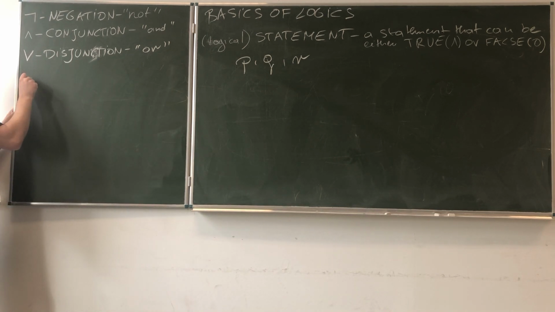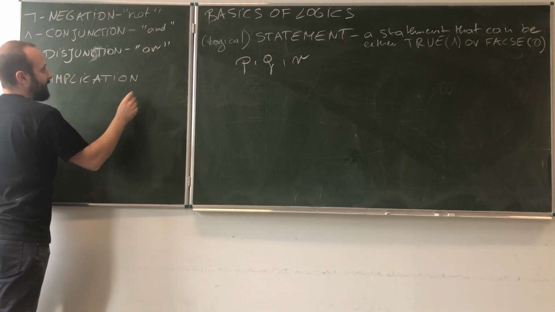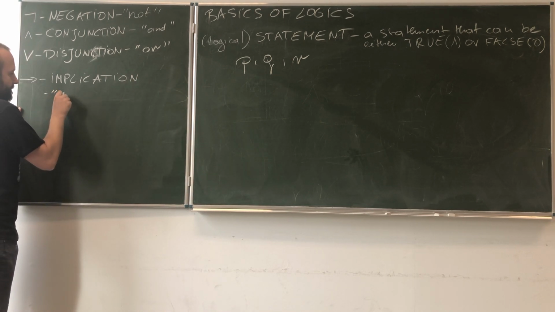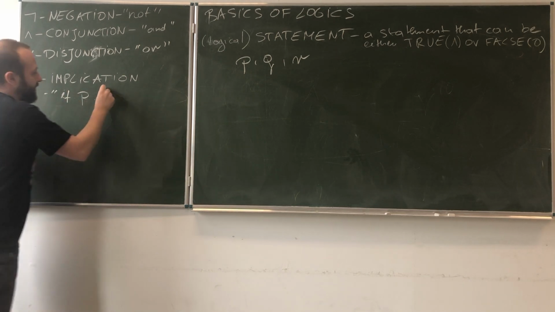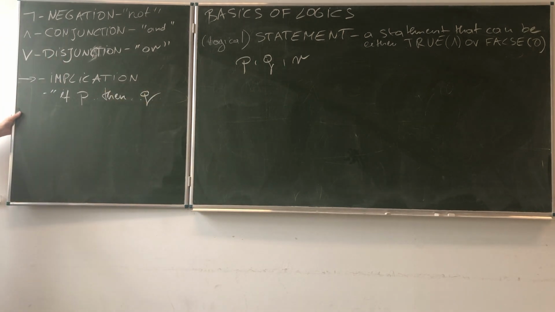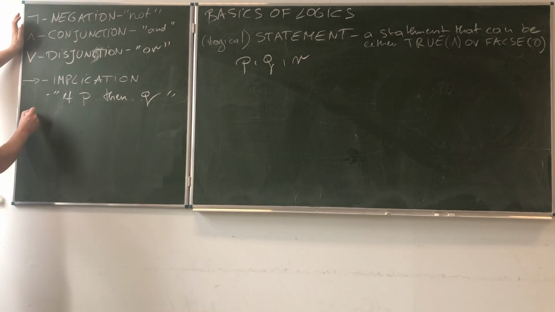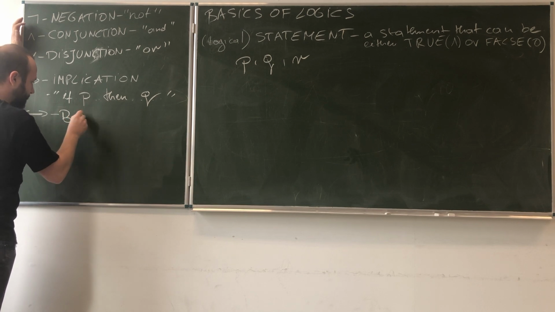Then, if we see an arrow pointing to the right, we call this implication. And we read it as, if something, usually we put some statement P, then something, usually we'll denote as some statement Q. Okay, and finally, if we have arrows pointing in both directions, we've got biconditional.